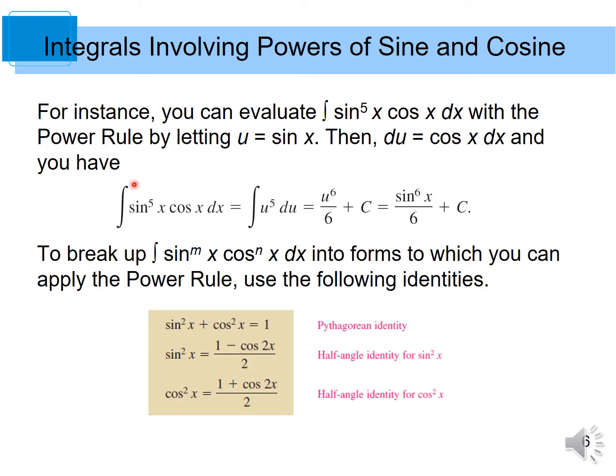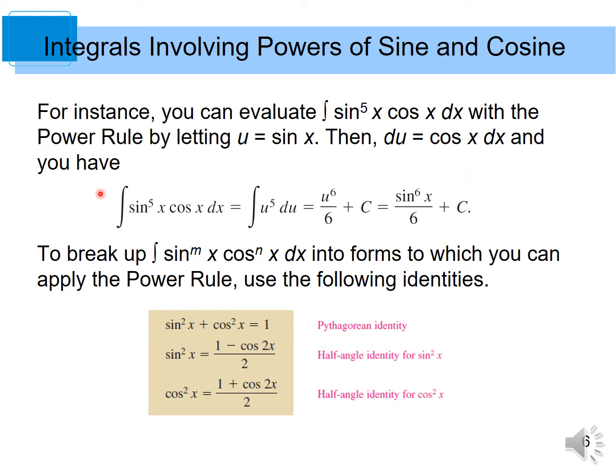For example, you can evaluate the integral of sine to the power 5 of x times cos x with respect to x with the power rule by letting u equal sine x. Then du/dx equals cos x, and moving dx to the right side, we have du equals cos x dx.